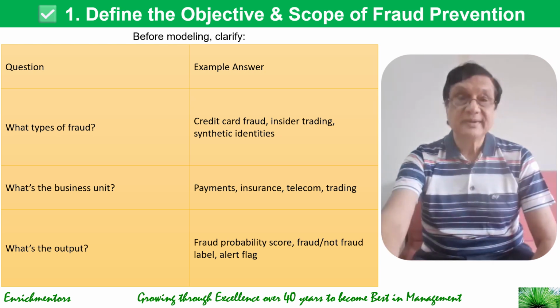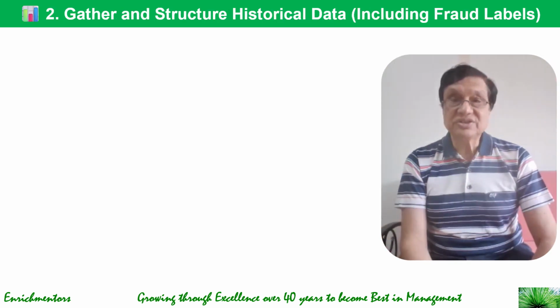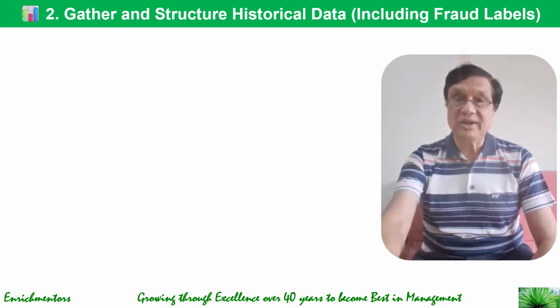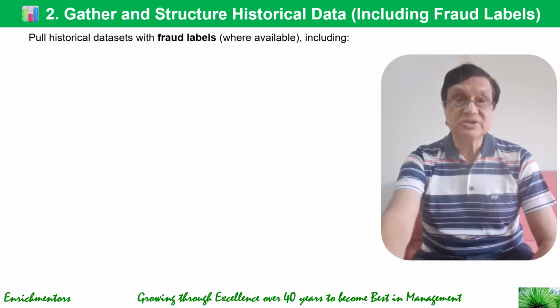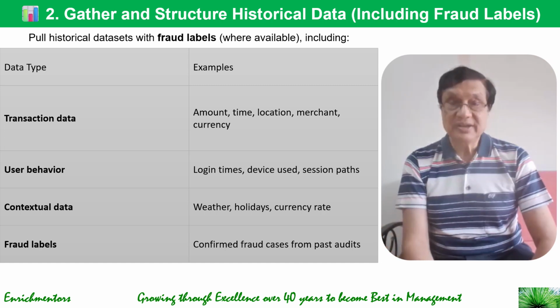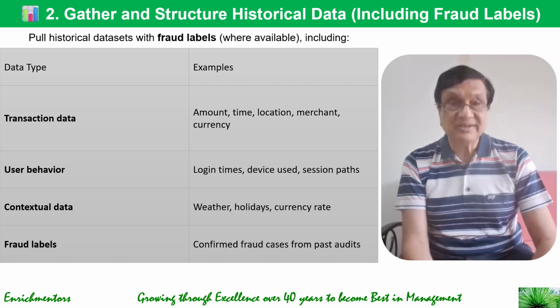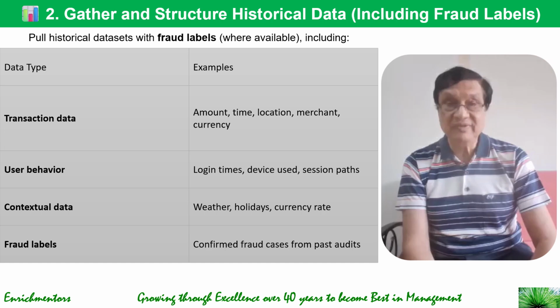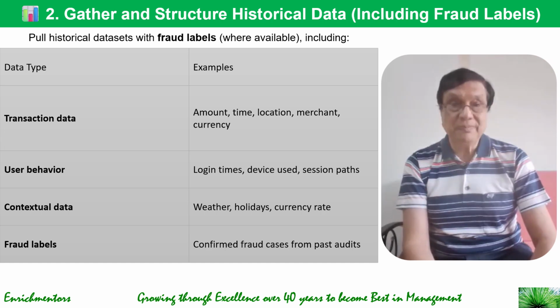Then you gather and structure historical data, including the fraud labels. For that, you pull historical data sets with fraud labels where available, including transaction data like amount, time, location, merchant, and currency of the transaction. You could look at user behavior in terms of number of times logged in, device use, and session paths.